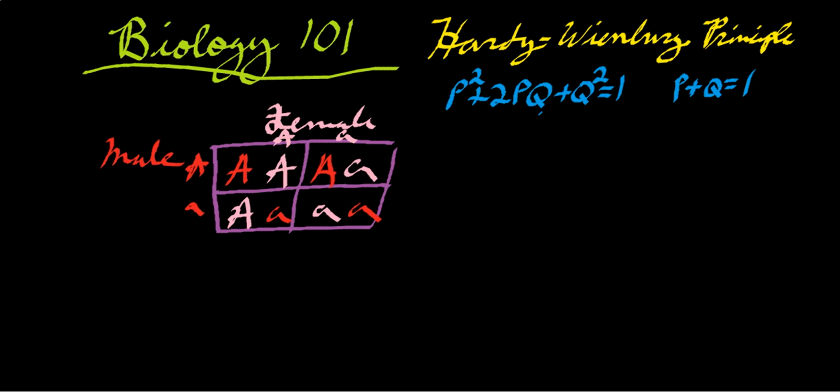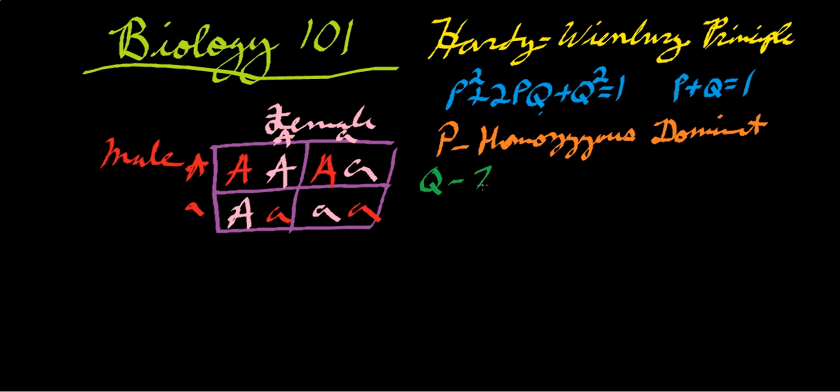So you have your P representing the homozygous dominant, and your Q representing your homozygous recessive.